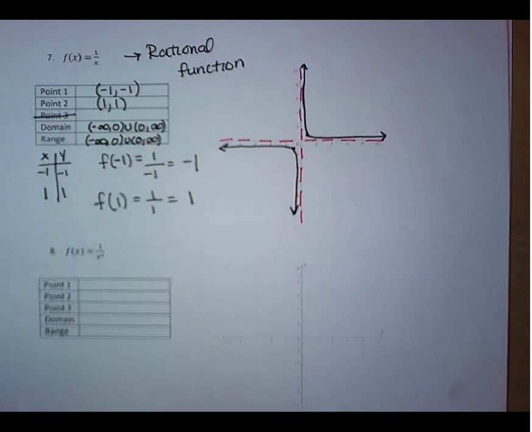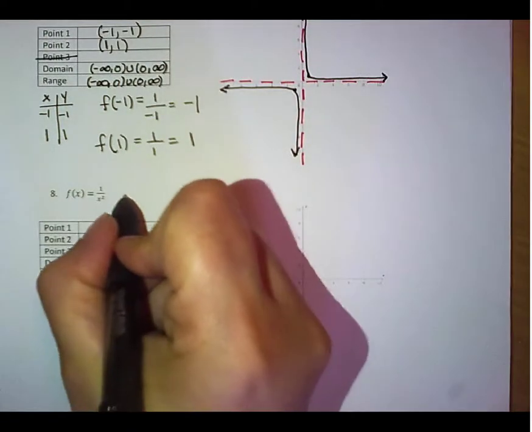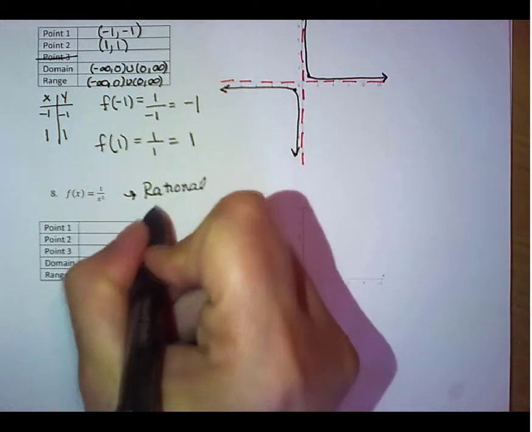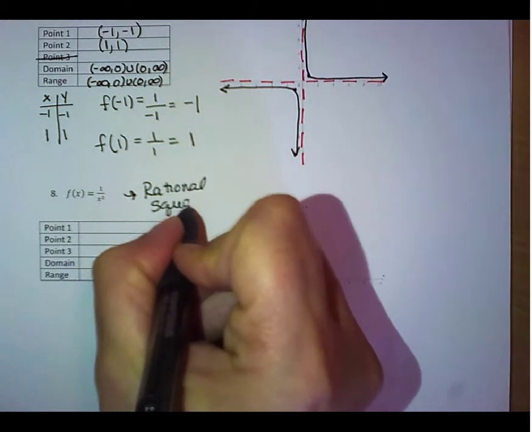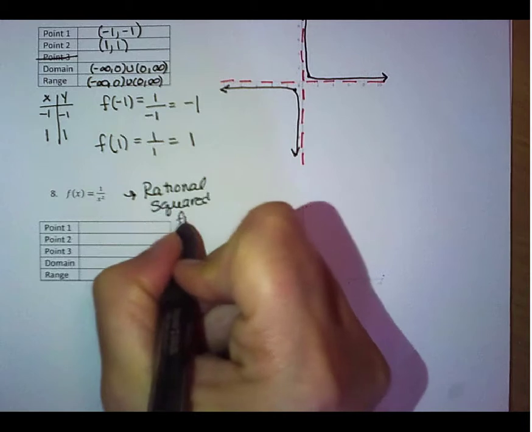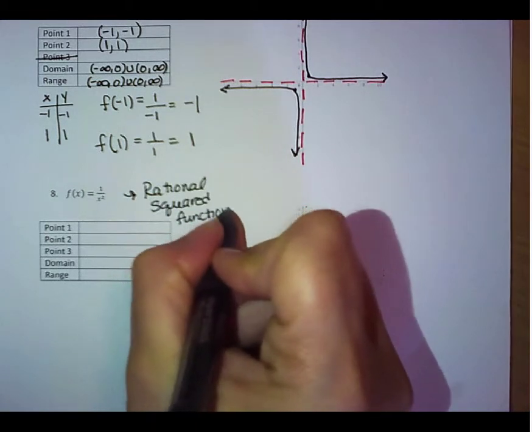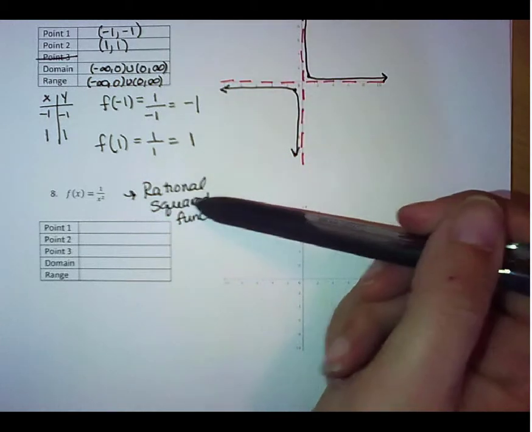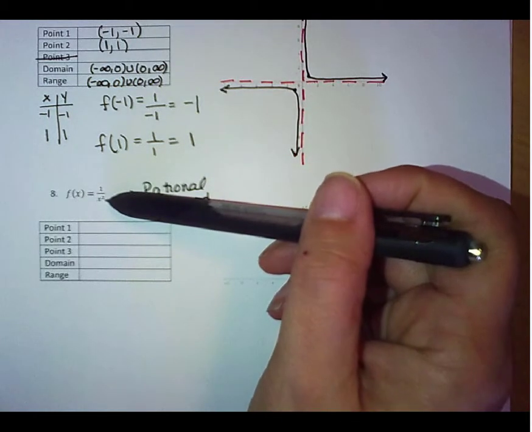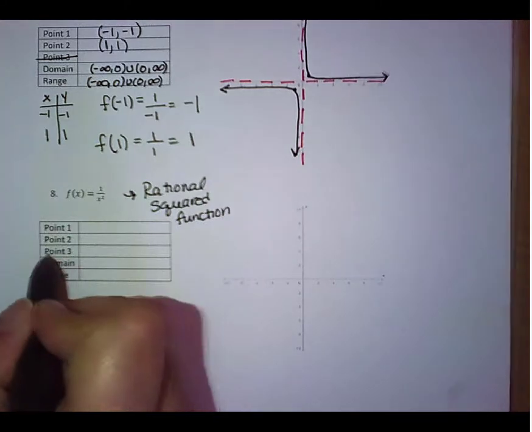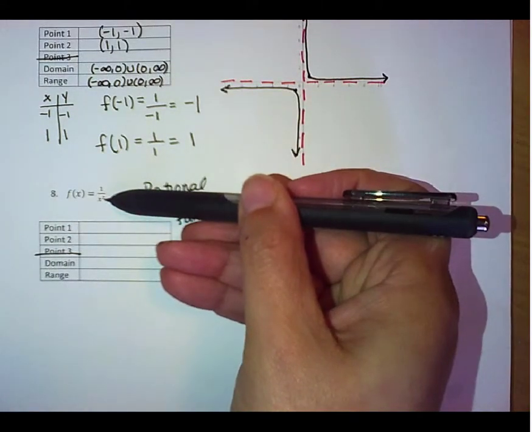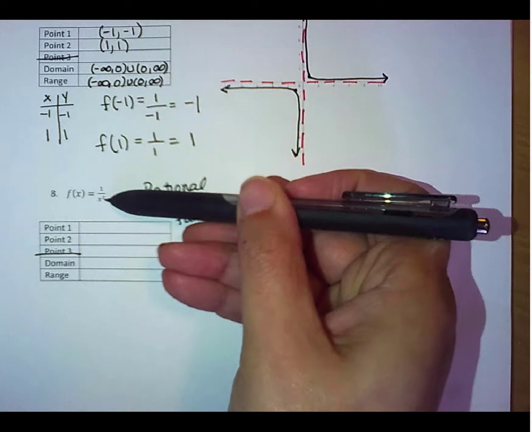Now we're going to look at the second one. This is the rational squared function. Okay. So really the only difference between the rational function and the rational squared function is that the denominator is an x squared, but I still can't use 0, because if I were to plug 0 in for x, I would get 0 squared, which is still 0, which is undefined, so we can't use that number.